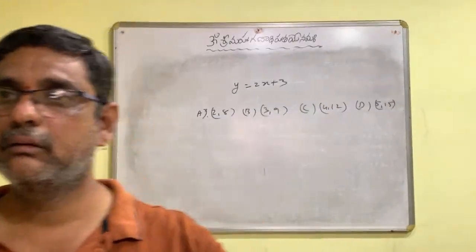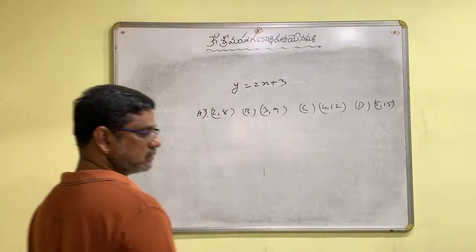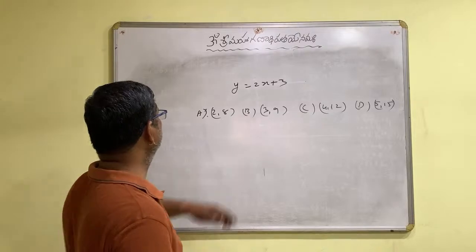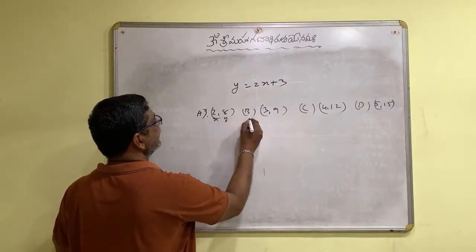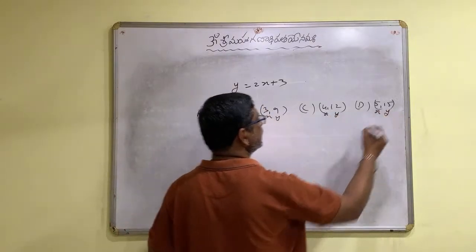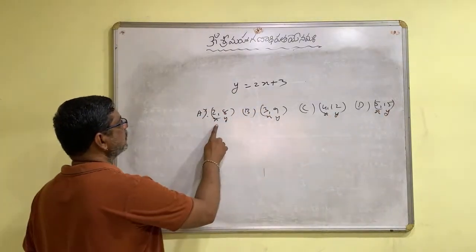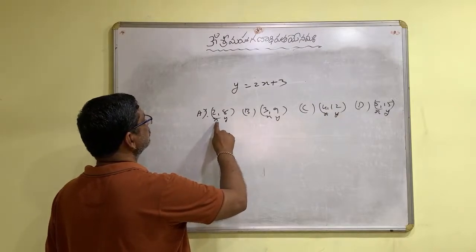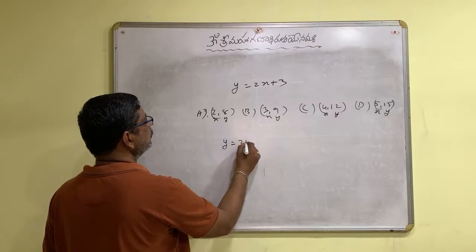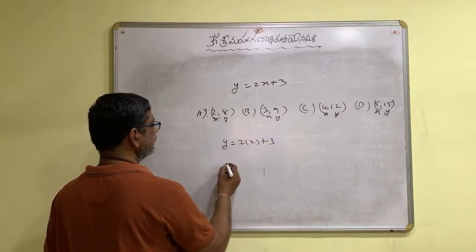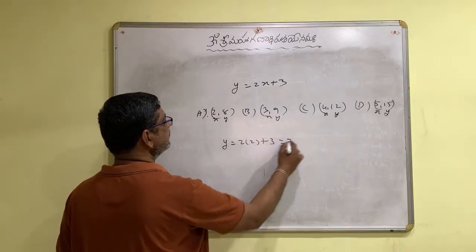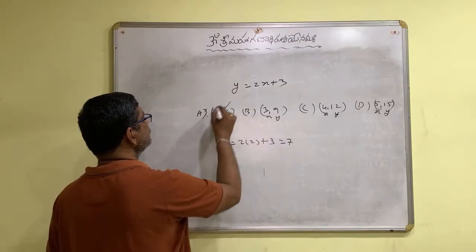Insert x, y in each. First x as 2: y is equal to 2 into 2 plus 3. 2 2s are 4, 4 plus 3 is 7. But y is 8 here, so this will not work out.